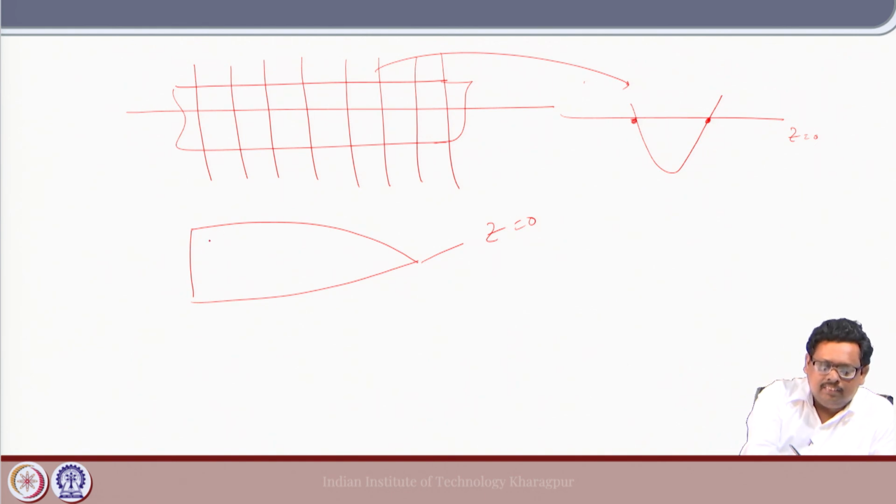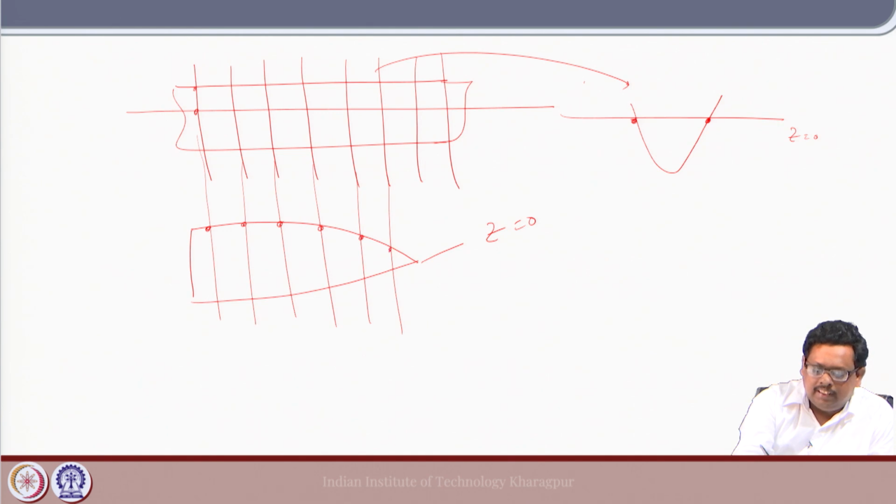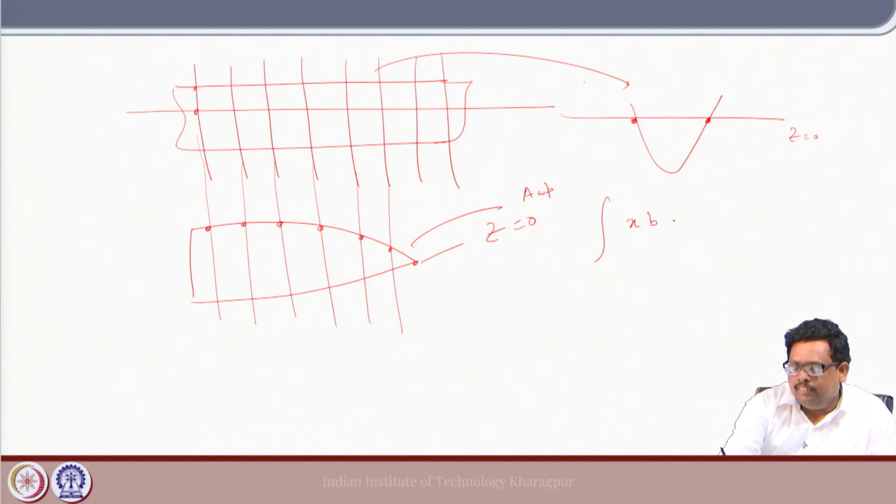So, at z equal to 0 you have this curve, because you take this point in all sections, the y values at z equal to 0. If you project that onto this plane, you get these values. Now, if you integrate it, you get the water plane area, right. If you integrate b times d xi along L, it is nothing but the water plane area. If you integrate x times b d xi, it is your moment about the water plane area.